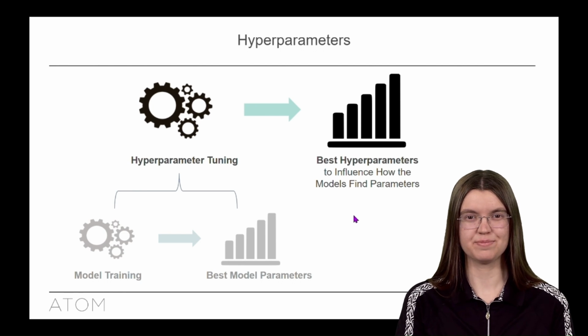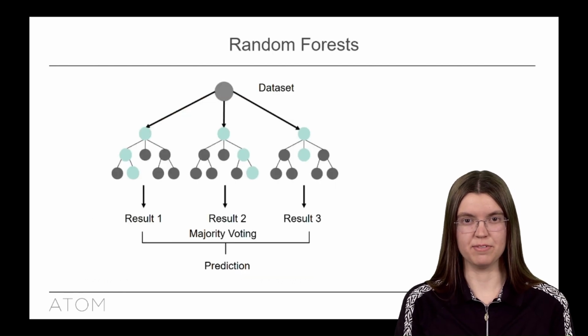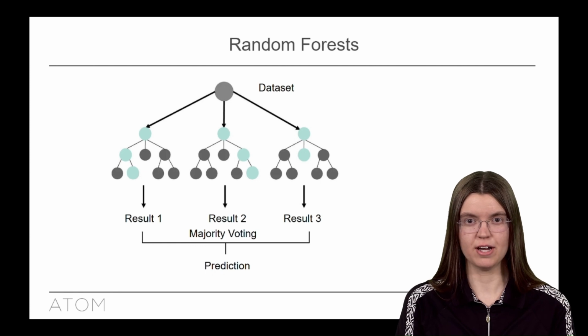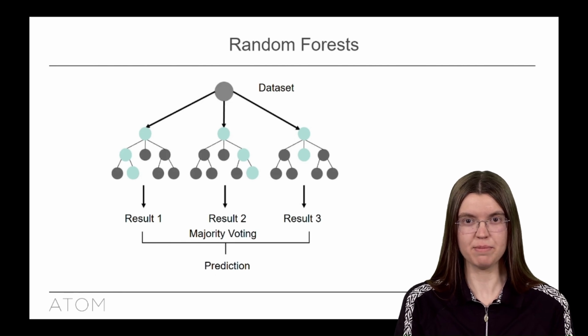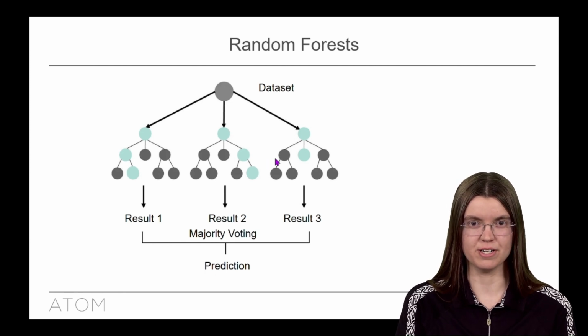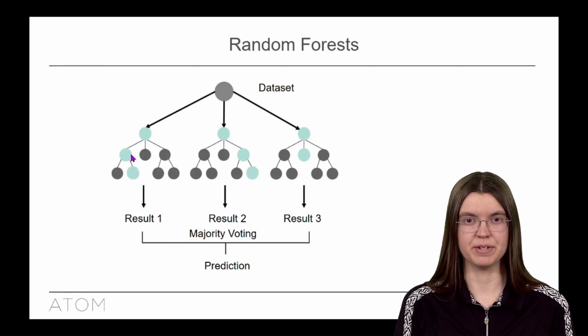parameters. A very important example of a hyperparameter is the number of random trees in a random forest. A random tree is a decision tree that introduces randomness during construction by selecting a random subset of data and features at each node, training each tree on these different subsets, and ensuring diversity among trees. This randomness reduces overfitting and improves the random forest model's generalization.